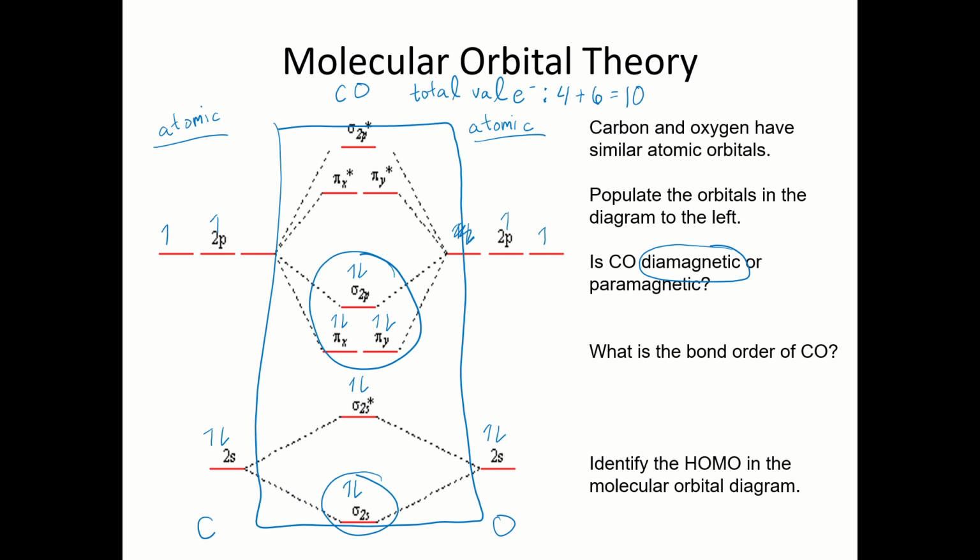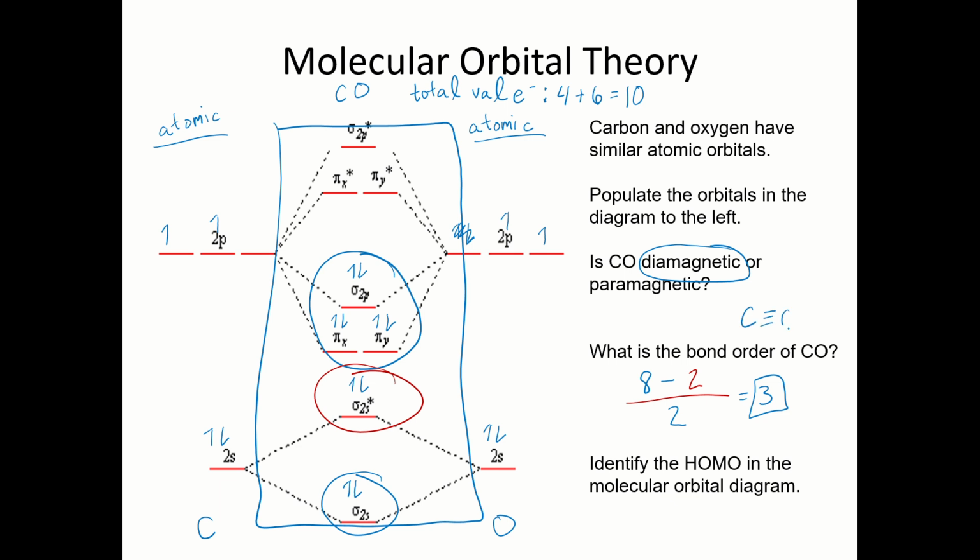Remember, your anti-bonding orbitals are going to be higher in energy. So we have a total of 2, 4, 6, 8 bonding electrons, and we only have 2, and again, I'll circle it in a different color, 2 anti-bonding electrons. We're always dividing by 2. So 8 minus 2 is 6, divided by 2 gives us a total bond order of 3.